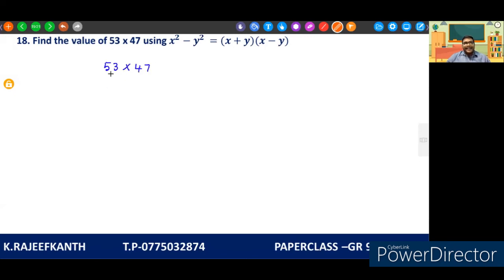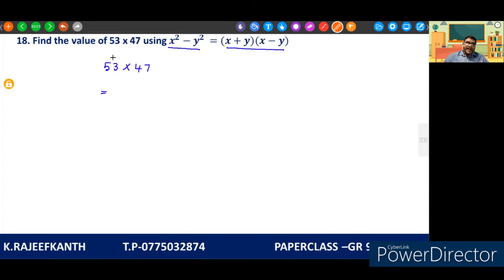Here we can't arrange this 53 times 47 in the format of difference of two squares, no? Because here they are multiplying. So we can arrange in this format, that means x plus y times x minus y. So how can we arrange this 53 times 47 in the format of x plus y into x minus y?